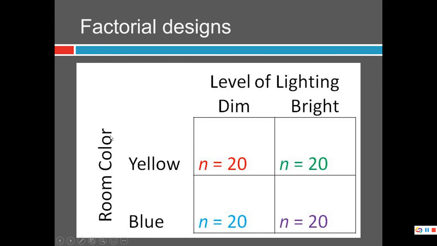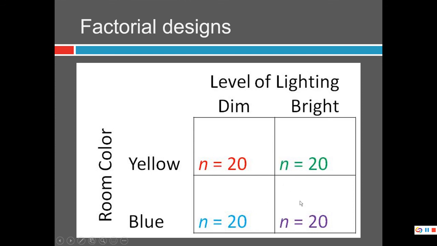One example that happens to be kind of similar to the one I just came up with about testing, instead of stress, maybe let's say you're doing the color of the walls in a room, either yellow or blue, and you have level of lighting, dim or bright. Again, just another example of how you can visualize these factorial designs in a 2x2.